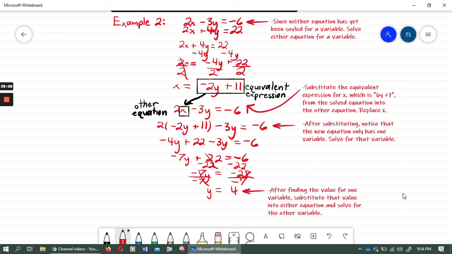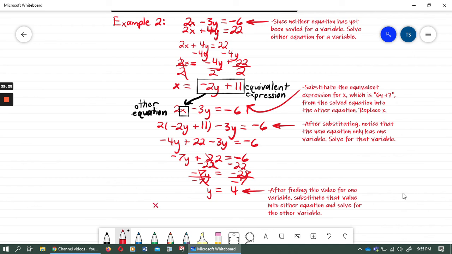Alright, so again, guys, we need to take this value of y and substitute that into either of the equations that we already had before. And I'm just going to choose the equation that we had solved for x, because that's going to be the easiest thing to plug this y value into.